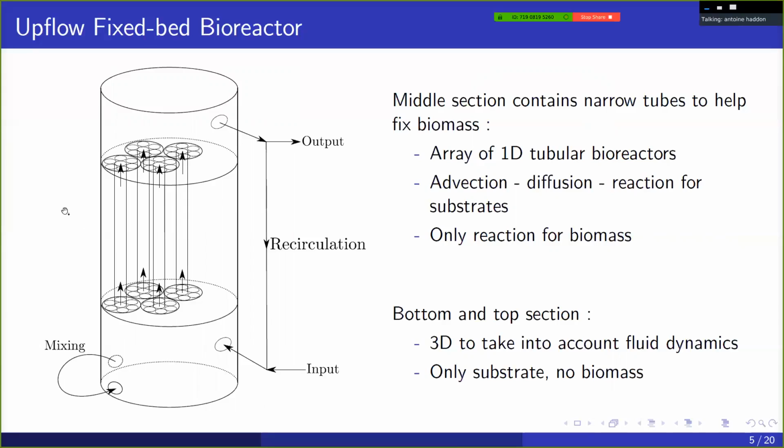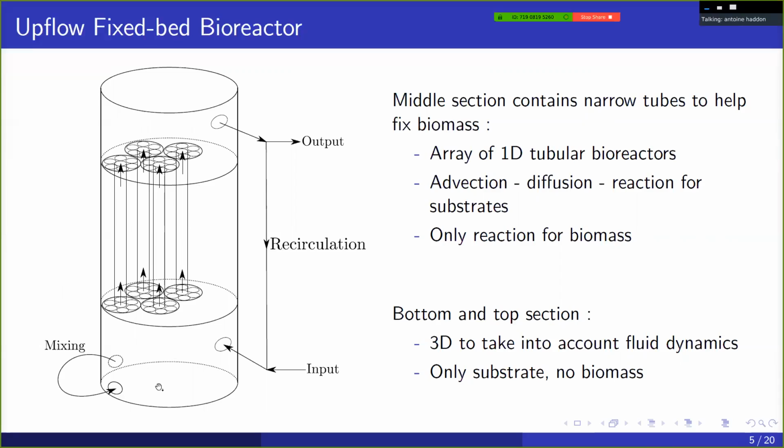And the second observation is that most of the biomass is actually fixed on these tubes, so it's only present in this middle section. There's very little biomass in the top and bottom sections. So the result is a model that's made up of an array of one-dimensional tubular reactors in the middle, and then three-dimensional zones at the bottom and top.